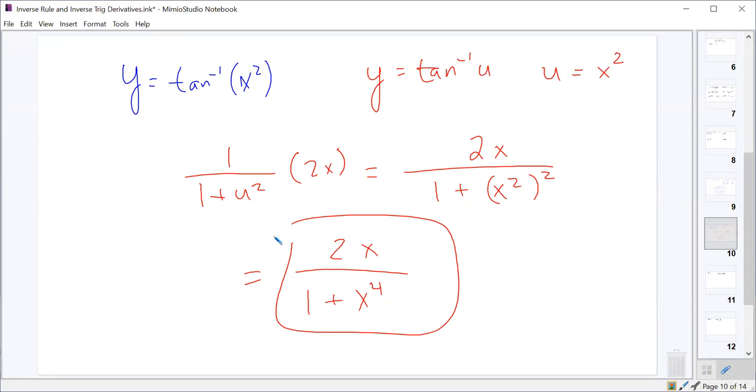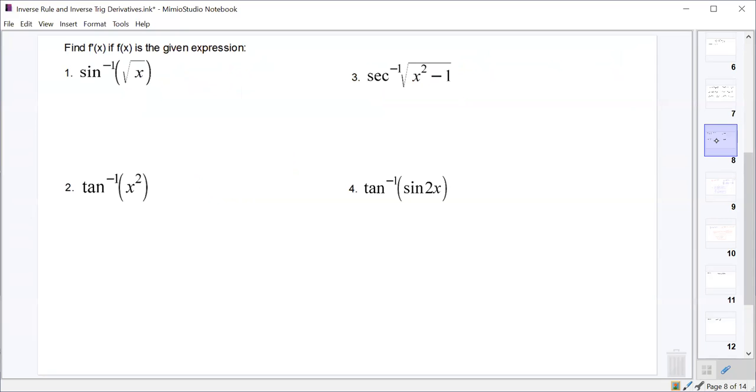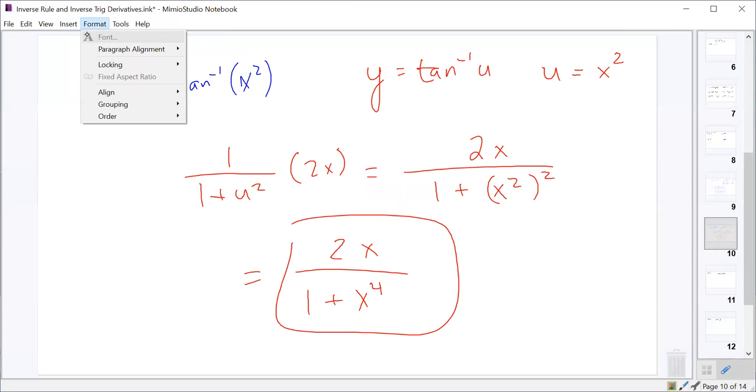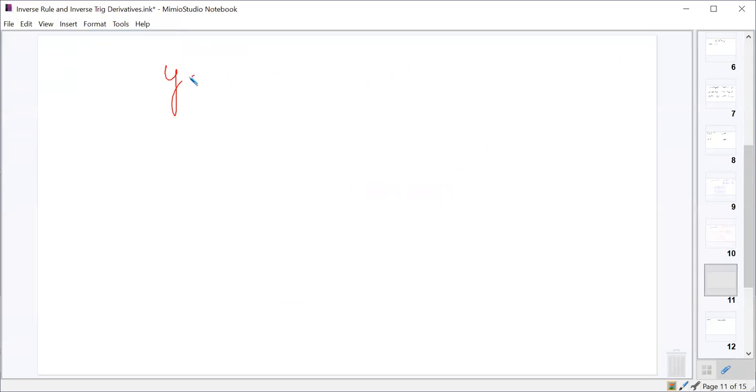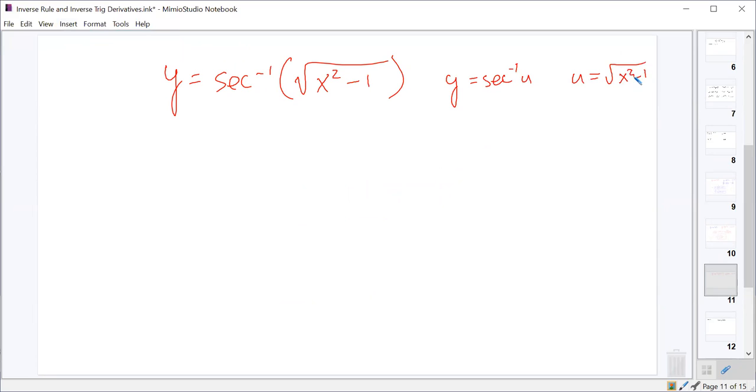Good or no? Good. All right. We got time for one more here, maybe. How about inverse secant of square root of x squared minus 1? This one is a chain rule within the chain rule. So we've got y equals inverse secant u with u equal to root x squared minus 1.